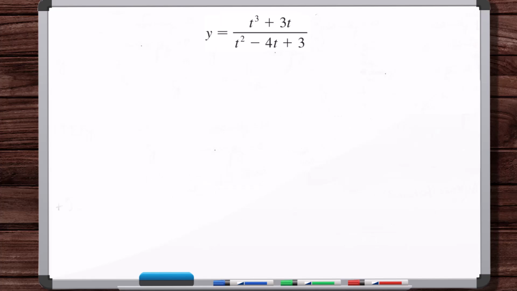Okay, let's use the quotient rule again. I mean, we could consider factoring. Let's see. So we're trying to practice the quotient rule, but the numerator is t cubed plus 3t plus 9, over t squared minus 4t plus 3. And then if we factor the denominator, we've got t minus 3 and t minus 1.